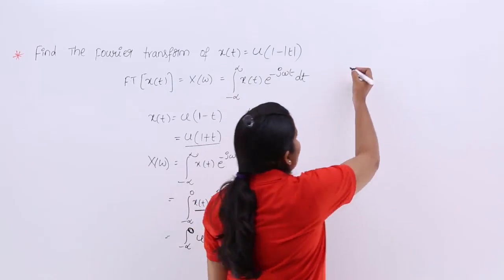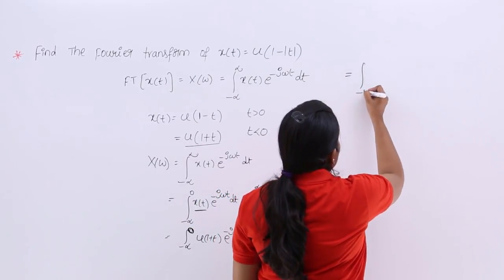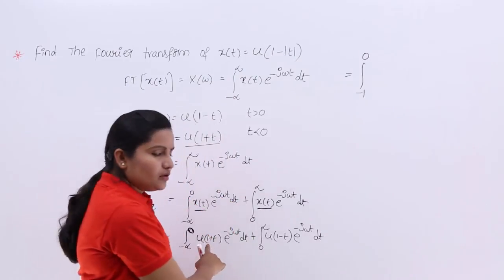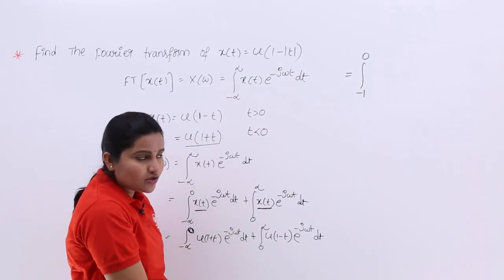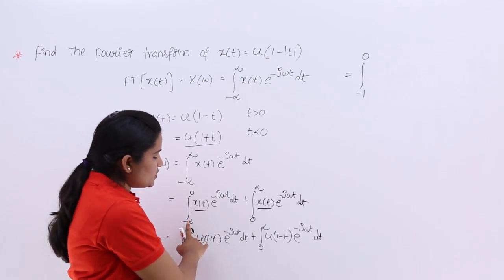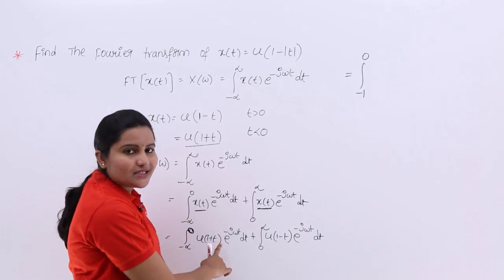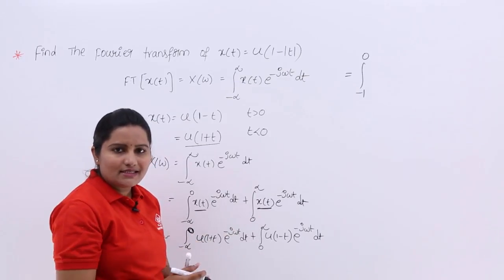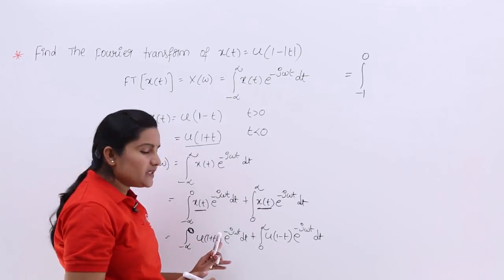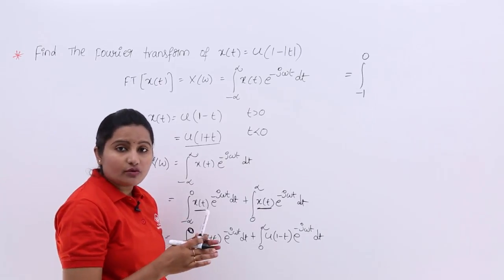So here, minus 1 to 0. Now there is no need to write this unit step function once again. Why? Because from minus 1 to 0, your u of 1 plus t value is equal to 1. In all the remaining cases, your u of 1 plus t is equal to 0.